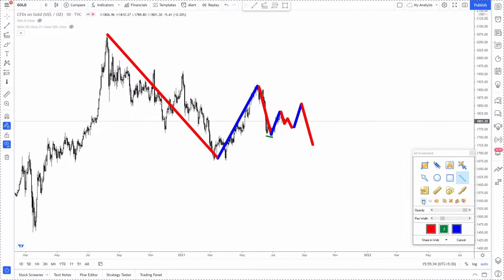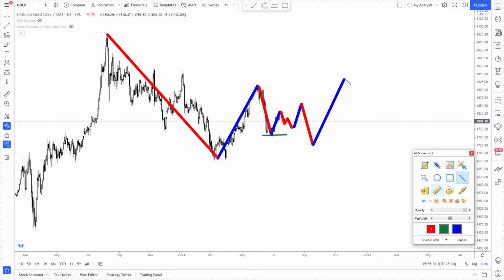So this will become A, and this is the A. So this becomes A, B, C is a B. I'm expecting from here it could reach what I said, the 1950 zone. This is the clear plan, but the market won't do what we expect.